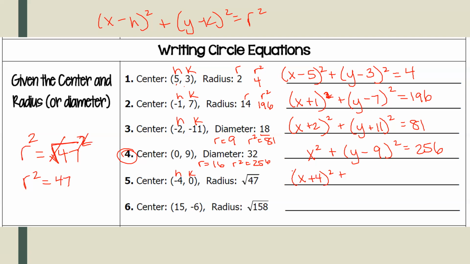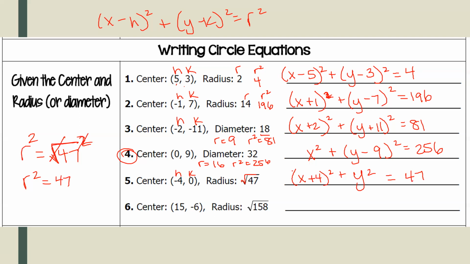I'm not going to put y minus 0, just y squared equals r squared. And r squared is 47. Okay, so if they give you the radius in a radical, when you square that, it cancels out the radical. And you can always just put that in your calculator if you want to prove to yourself that the r squared is right, that's okay.